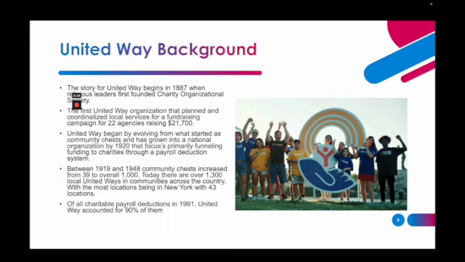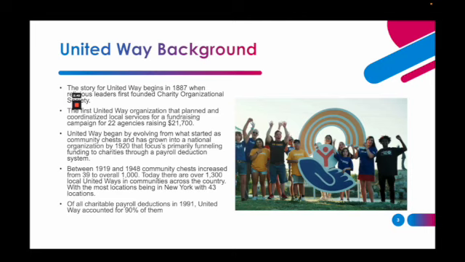So between 1919 and 1948, community chests increased from 39 to 1,000 overall, which is incredible. In just 30 years, they were able to multiply the amount of community chests more than 100 times, which allows them to increase the amount of funding and overall charitable contributions that they're able to do.